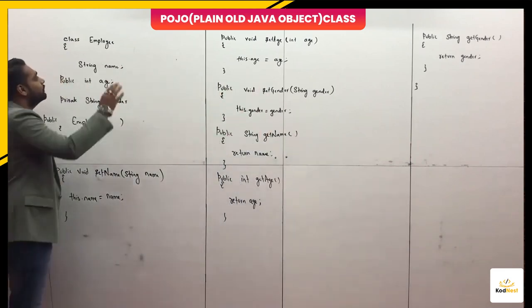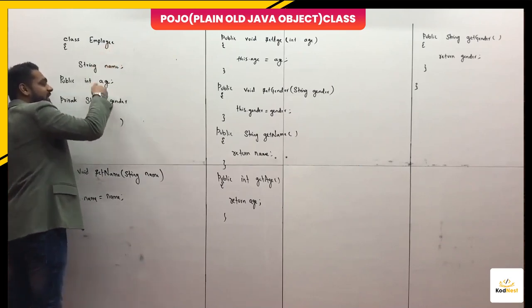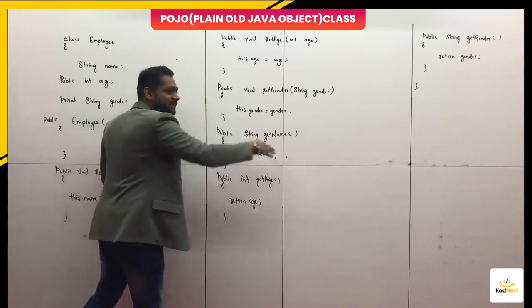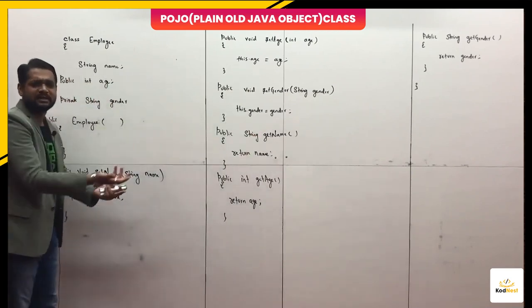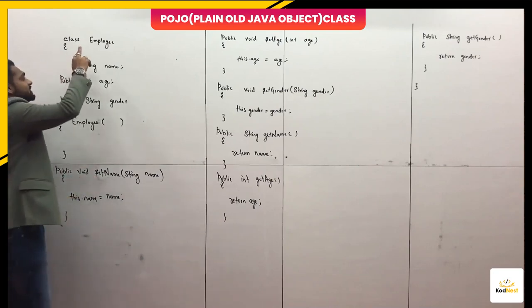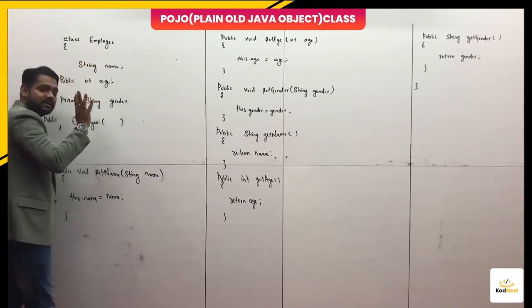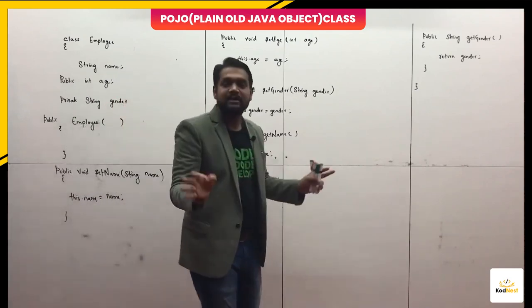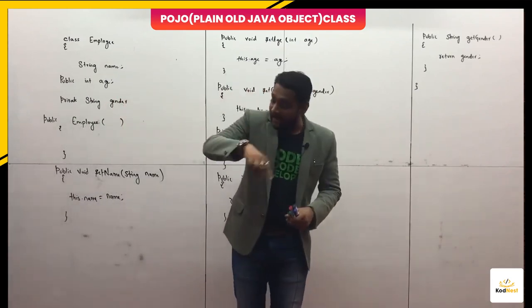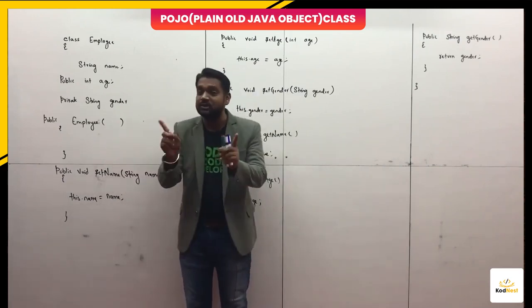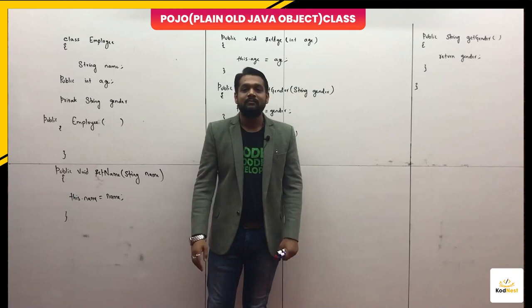I repeat, a POJO class is a class which has some instance variables and some public getters and setters, either 1 setter or multiple setters and multiple getters, whatever it is. As simple as it is. Having a constructor is also not mandatory. Having a zero parameterized constructor is also not mandatory.